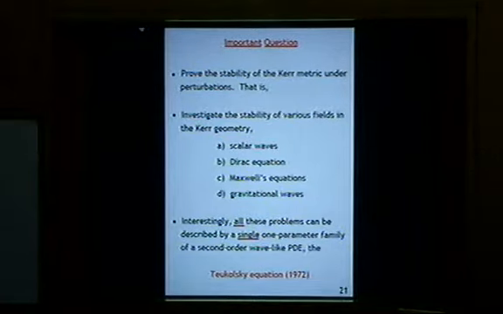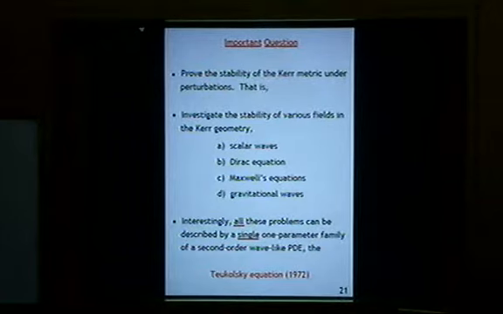That would be linearized stability. So what's really interesting and actually amazing, all of these problems can be described by one single equation, a one-parameter family of second-order wave-like partial differential equations, which is called the Teukolsky Equation, and that goes back to 1972.